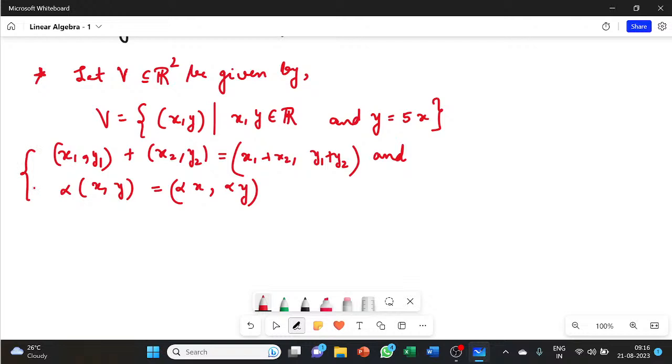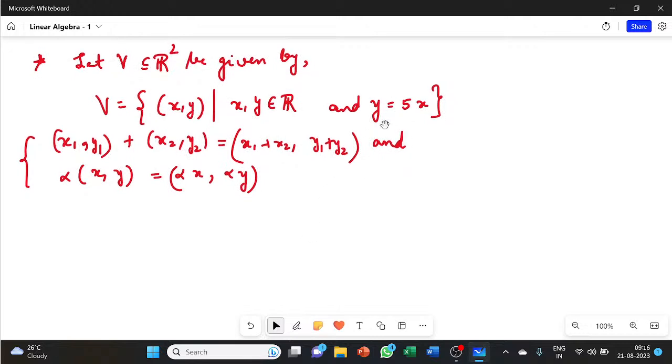So this is how we have defined the vector addition and the scalar multiplication. Please remember, y is specifically related to x by this particular equation, that is, this is a linear equation.